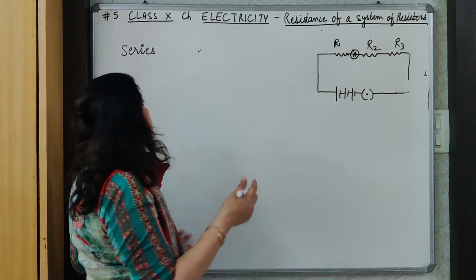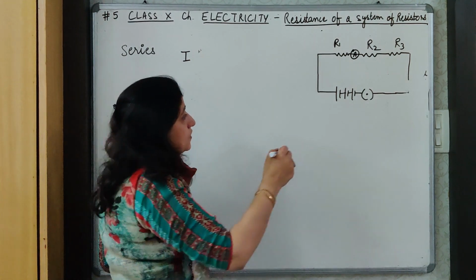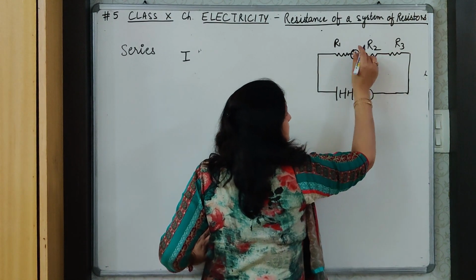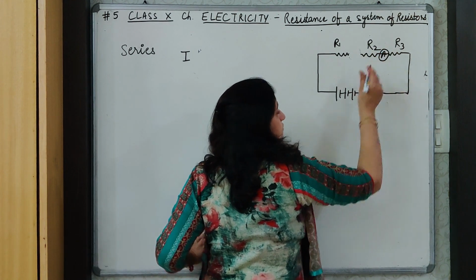Suppose at this moment the value of current is I. Then we disconnect it from here and connect it between R2 and R3.